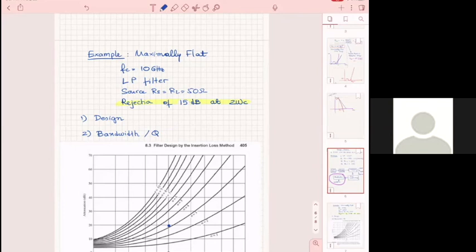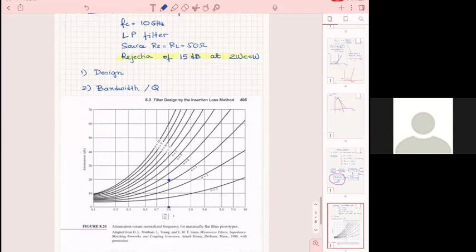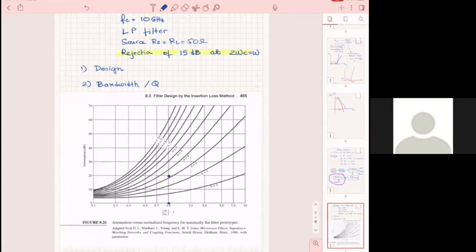I want to have 15 dBs rejection at frequency omega, which is 2 omega c. So if omega is 2 omega c, then omega over omega c minus 1 is going to be 1. You see that? Yes, thank you.